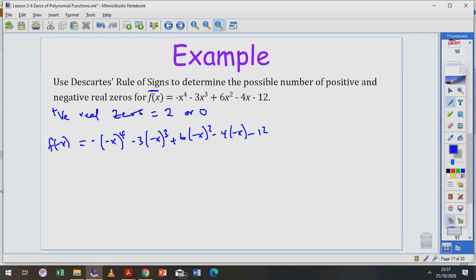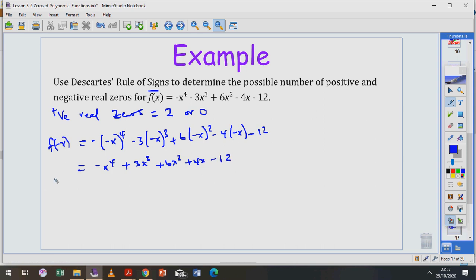If I simplify that, I have negative x to the power 4, which doesn't change because it's an even power, plus 3x cubed plus 6x squared plus 4x, because of the double negatives, minus 12.